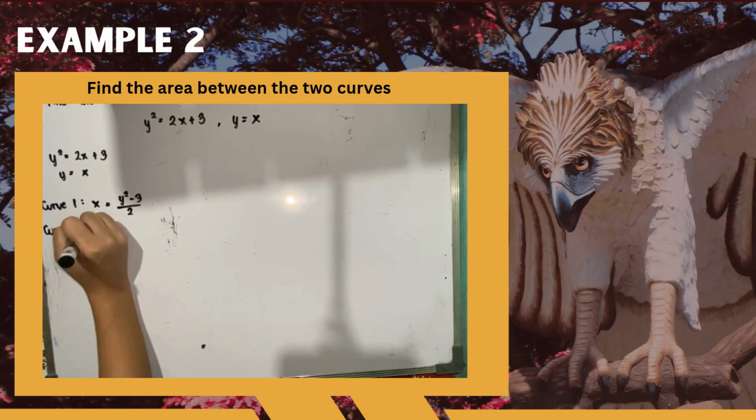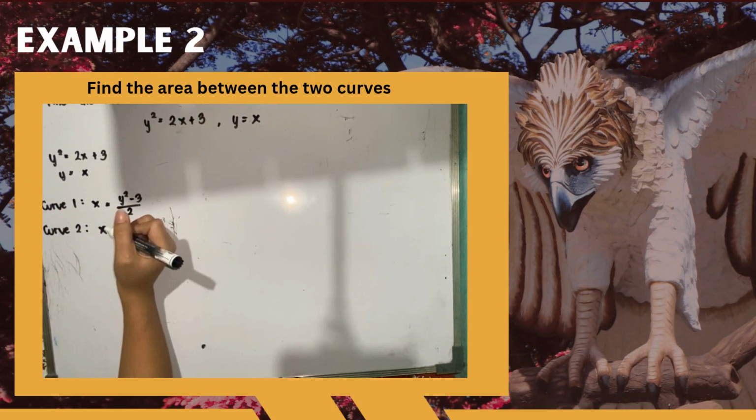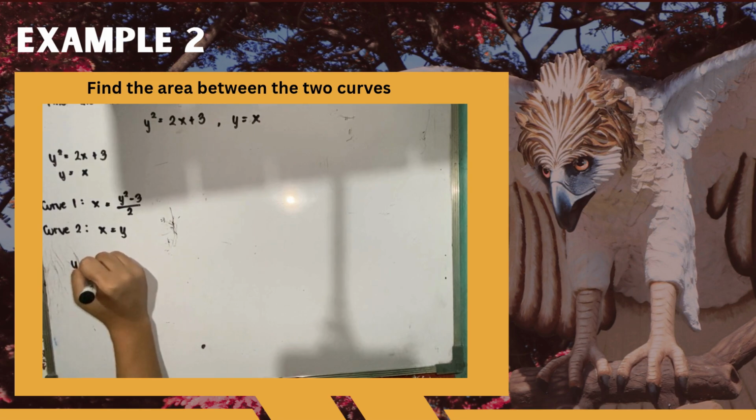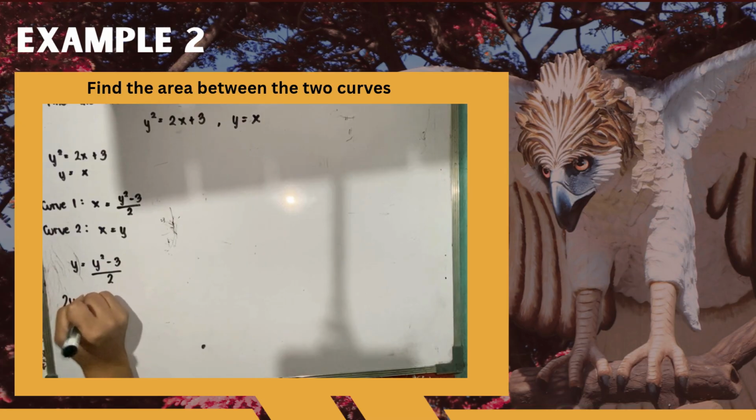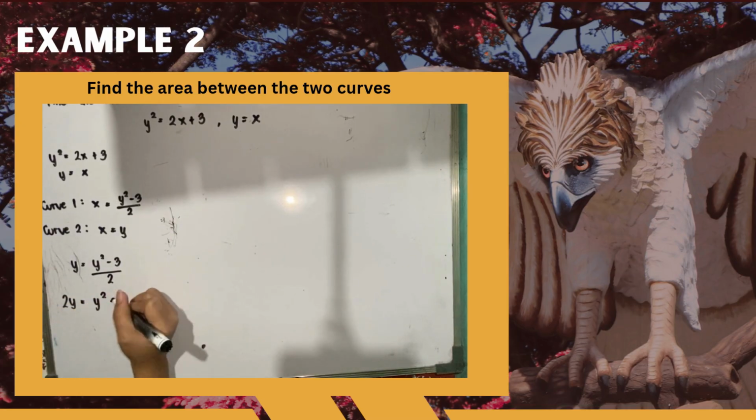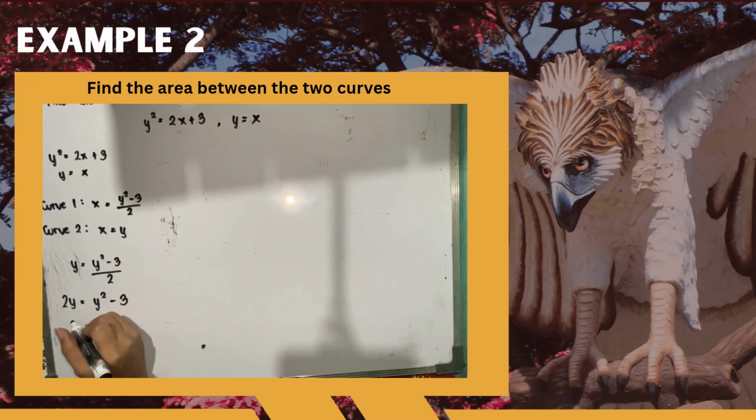We multiply by 2: 2y equals y squared minus 3, and then rearrange. y squared minus 2y minus 3 equals 0. Now let's factor: y minus 3, y plus 1 equals 0. So we have y equals 3 and negative 1.